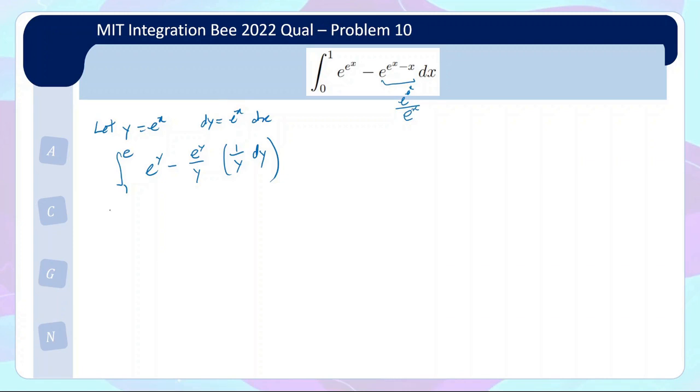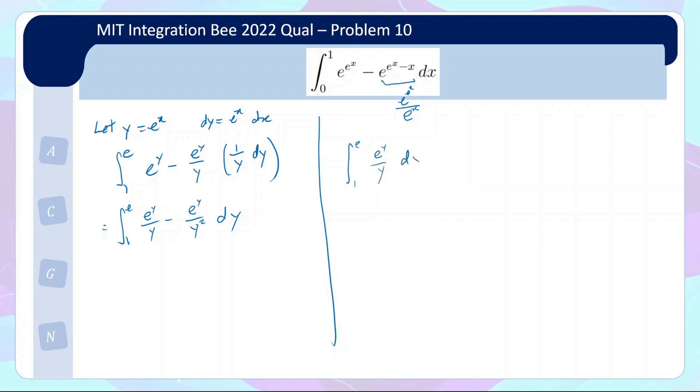So you need to find this integral, e to the y over y minus e to the y over y squared. So it looks like a very nasty integral still. But actually, if we look at this integral, e to the y over y, how might you try to integrate it? You'll use integration by parts, right?